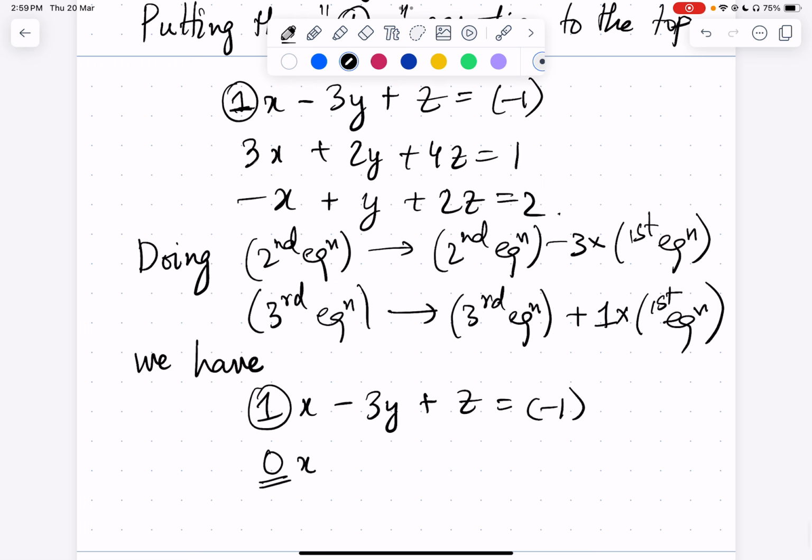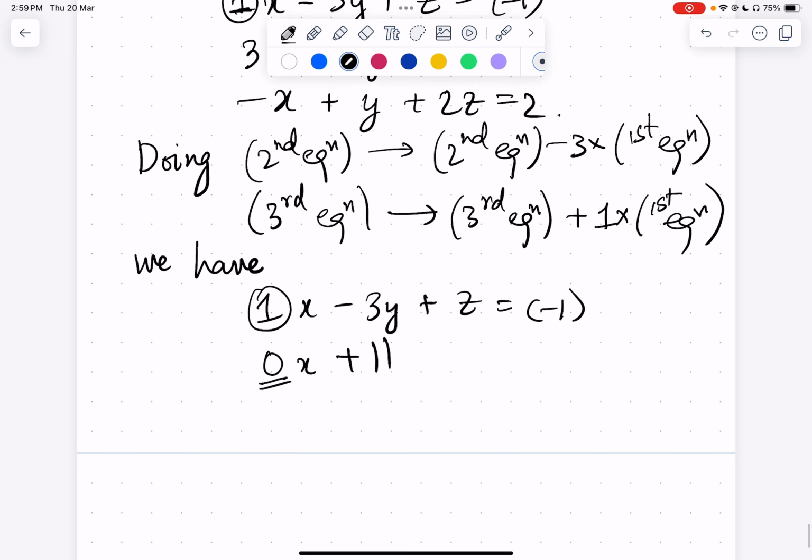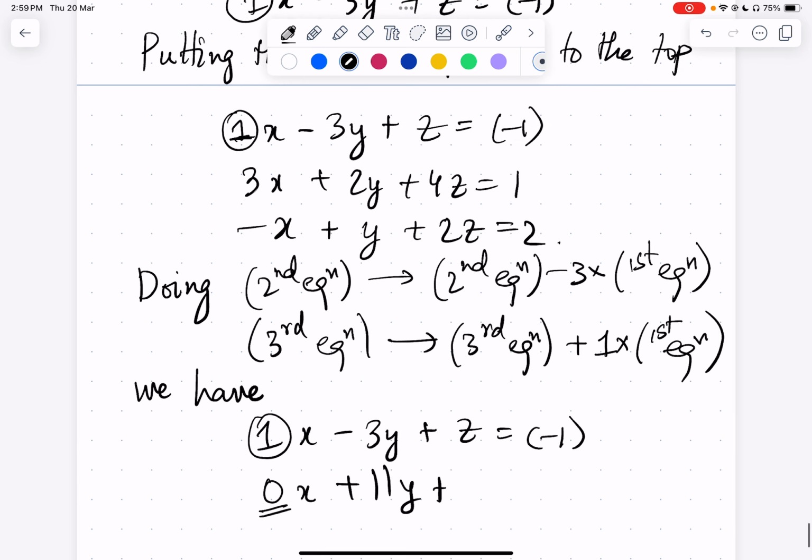So you get 11y, and 4z minus 3z gives z, and the right hand side becomes 1 minus 3 times minus 1, so you get 4.